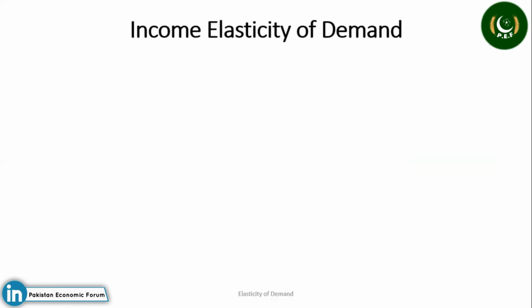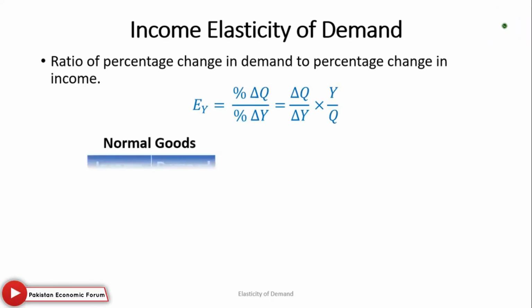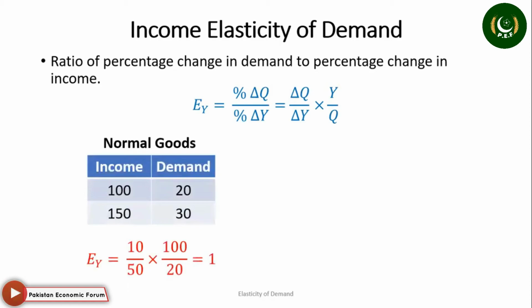Next, we discuss the income elasticity of demand. Students, by income elasticity of demand, we mean to measure the change in demand due to a percentage change in income. This can be calculated using the formula given. Let's take an example of normal goods.